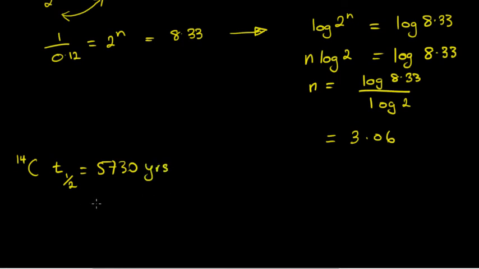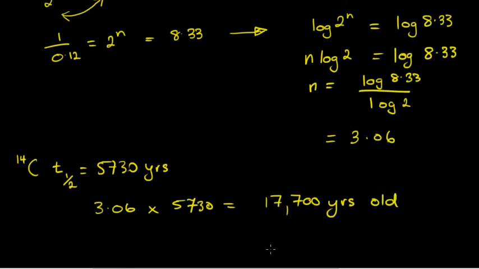So we've got 3.06 half-lives multiplied by 5,730 years, equal to 17,700 years old is our sample.